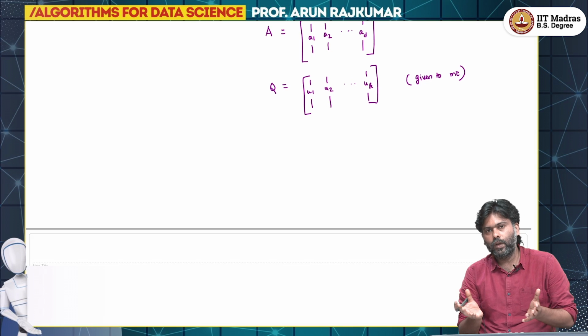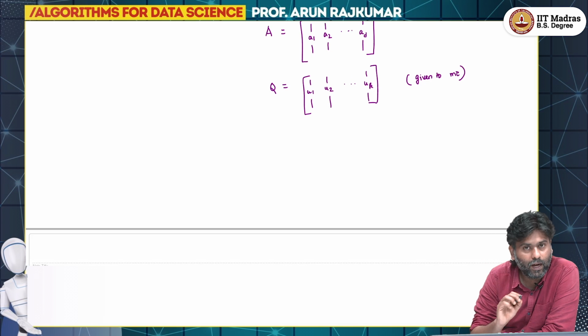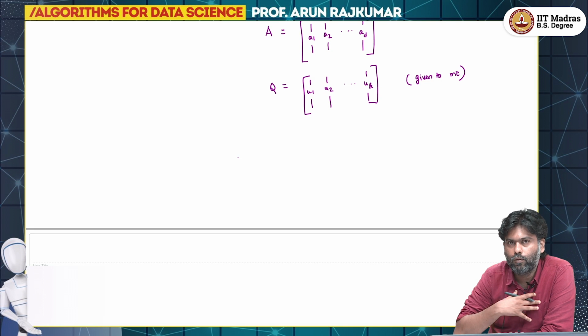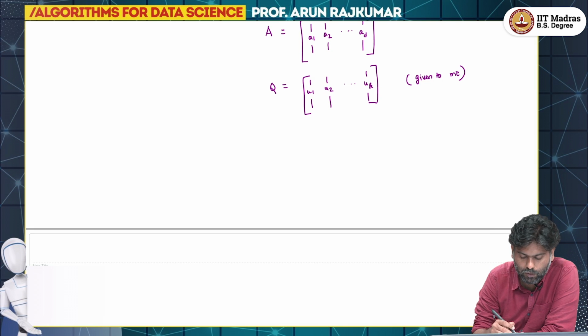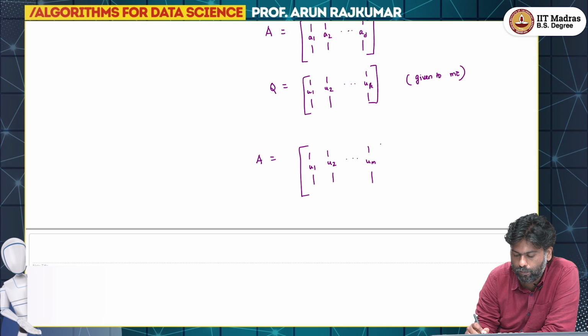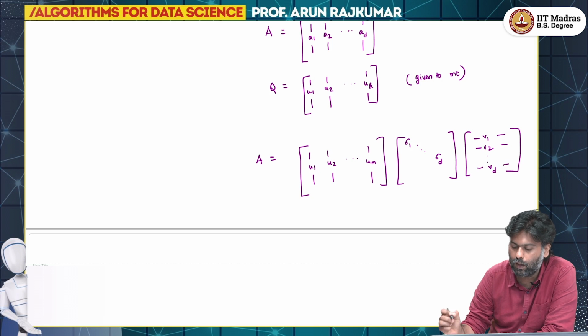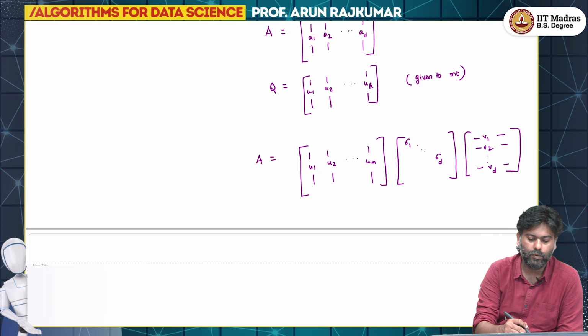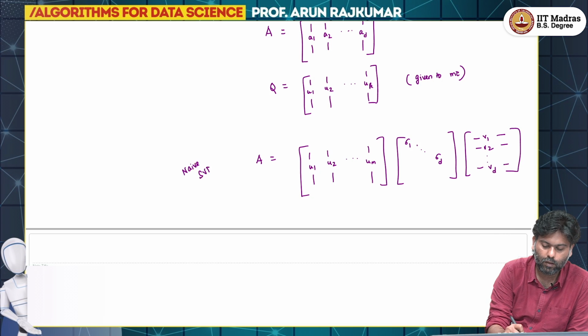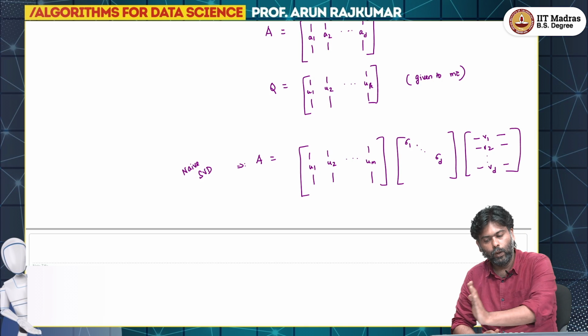Now remember, I want to do SVD of A. If I did SVD of A in the usual inefficient way, which takes m times d squared time, I would have gotten u1, u2 till um, and then sigma 1 till sigma d, the rest are zeros so I am not filling the zeros, and v1, v2 till vd. Naive SVD would give me this.